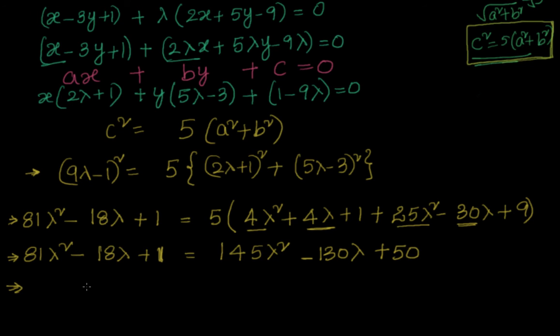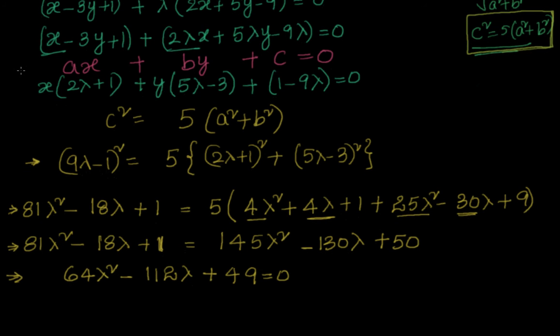if I get everything to the right side, I will have 64 lambda square minus 112 lambda plus 49 equal to 0. Now you can say that splitting the middle term of this seems to be a little bit difficult, but if you observe, 64 is 8 square and 49 is 7 square.